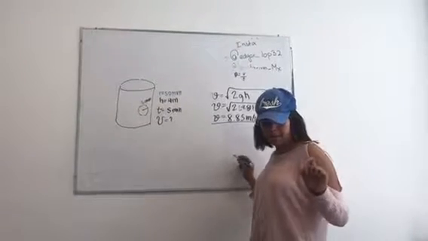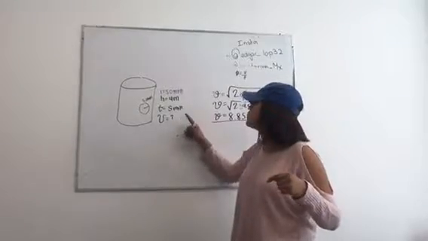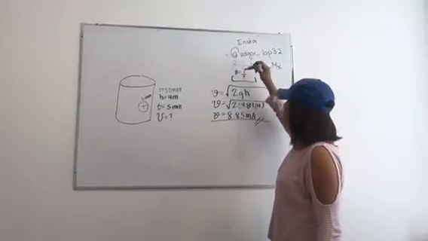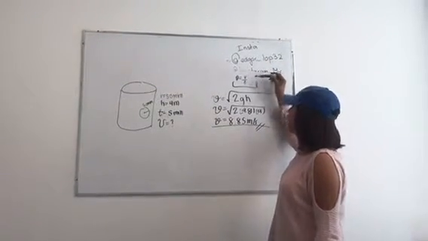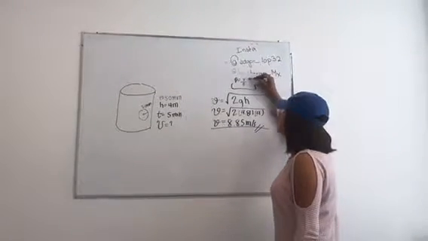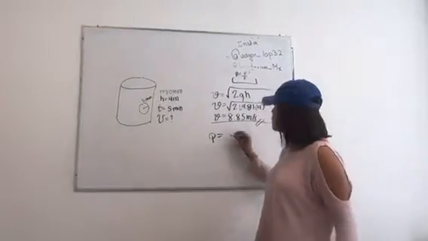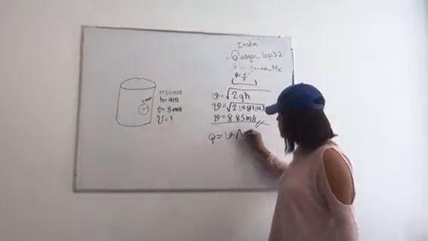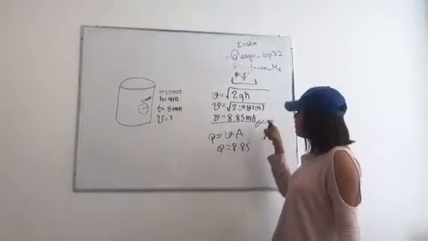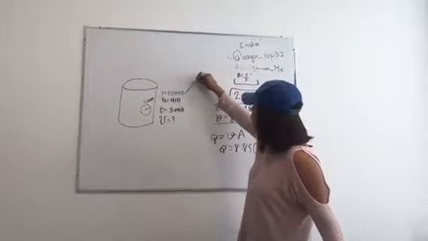Now we're missing what volume of water leaks through the hole in 5 minutes. We have the time. We need to calculate the flow rate, and lastly we need to calculate volume. We can calculate flow rate with this formula, that is flow rate equals velocity times area. Velocity is 8.85, the velocity that we calculated here, times the area that we're going to calculate with the radius.